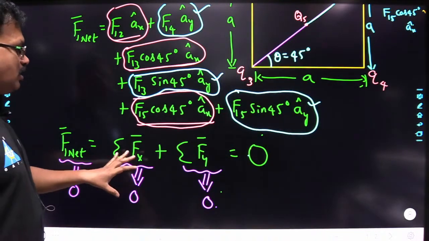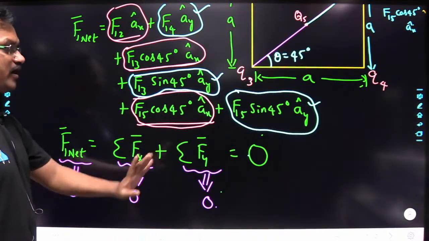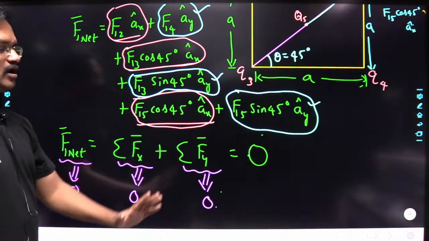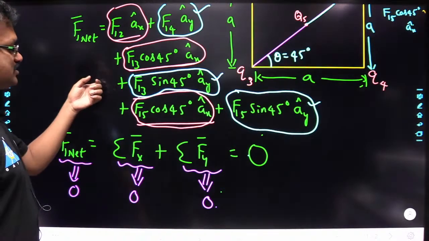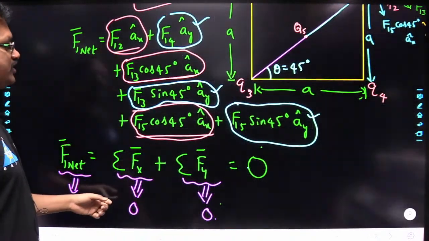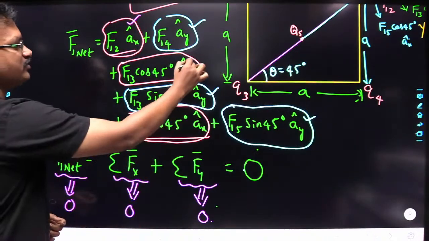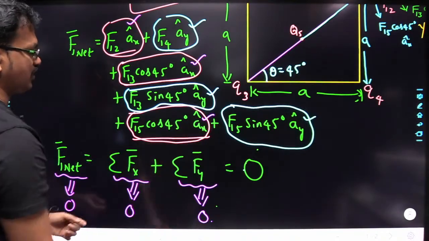Now take the summation of all the x components and try to equate it equal to 0. Or you can take summation of all the y components and try to equate it equal to 0. So now here we are considering the summation of all x components. So what are the x components you are having? F12 ax cap, F13 cos 45 and then F15 cos 45. Yes or no?